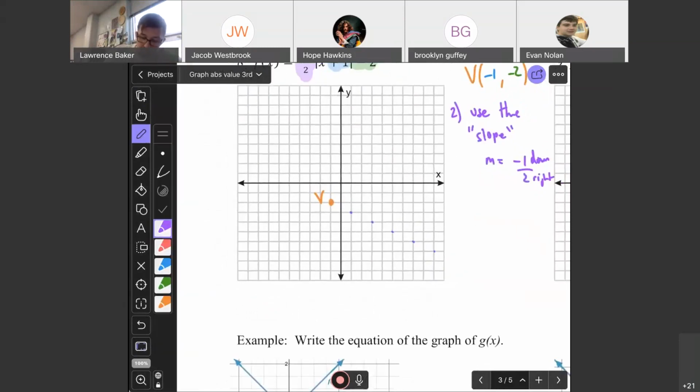Now on the other side, still -1, so I'm still going down, but instead of going right 2, I'm going left 2, because remember that one was the opposite. So I go back to the vertex, go down 1, left 2, down 1, left 2, and so on.